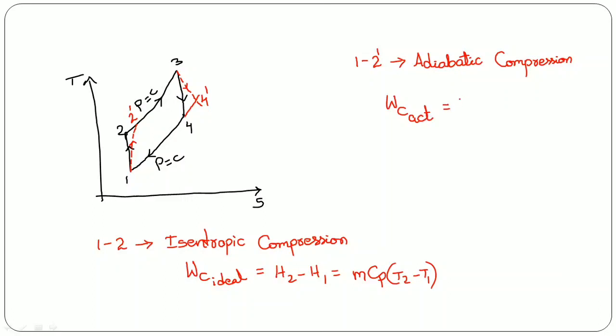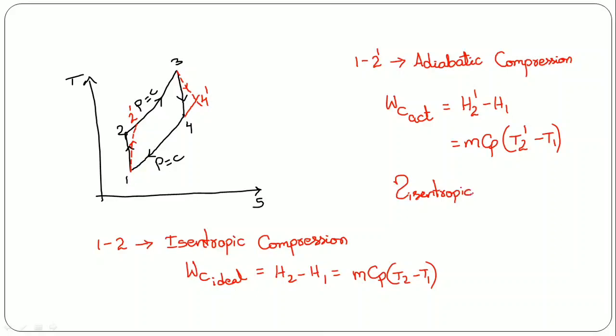So the actual work input should be H2 dash minus H1, which will be taken as mCp into T2 dash minus T1. So this is adiabatic compression. Adiabatic process is irreversible, as I already told you, whereas isentropic process is reversible adiabatic. Now isentropic efficiency relates these two compression processes.